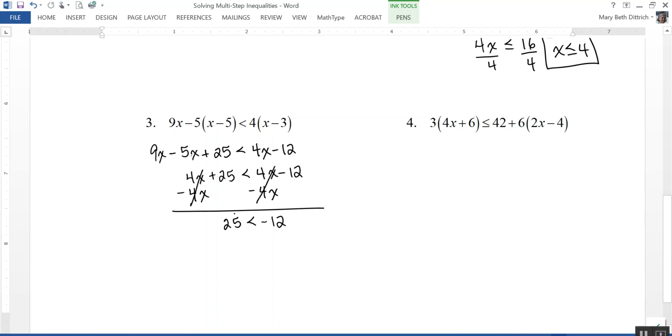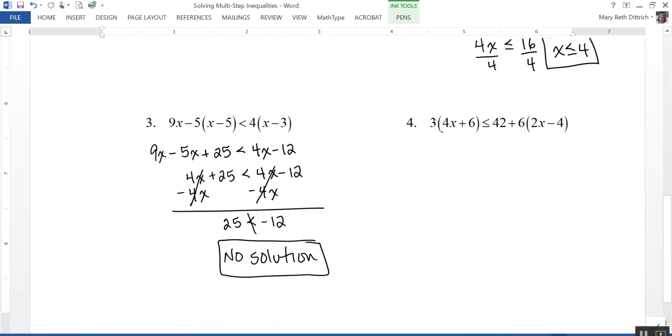Well, 25 is not less than negative 12. 25 is actually greater than negative 12. So this is an example of an inequality that has no solution. There is no value of x that I can plug in to my original inequality that's going to make it true, because I ended up with something that at the end was not true. 25 is not less than negative 12.